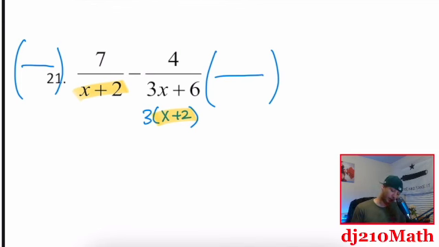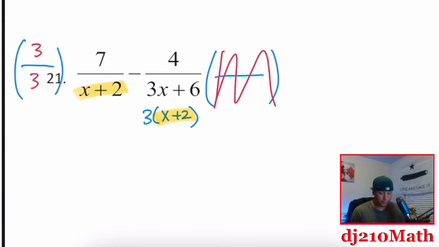What I need is a 3 on this side, top and bottom, right? 3 over 3, because that was what this side has extra that the other denominator doesn't. So really, I don't even need to multiply anything on this side, because it's already there.